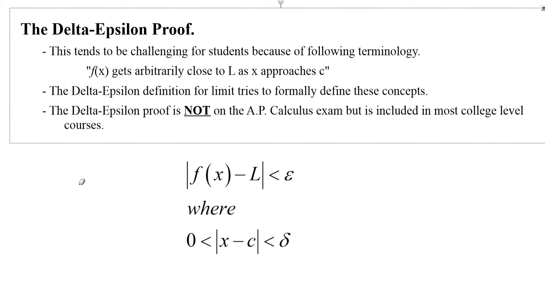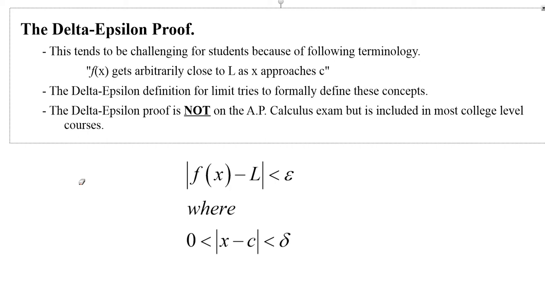Now this is the formal way that we prove the existence of a limit. This proof tends to be very challenging for students. It's hard to understand, it's hard to define, but I'm going to make this promise to you. I am not going to do any of the real hard delta-epsilon proofs, and I'm not going to ask you to do a hard delta-epsilon proof.